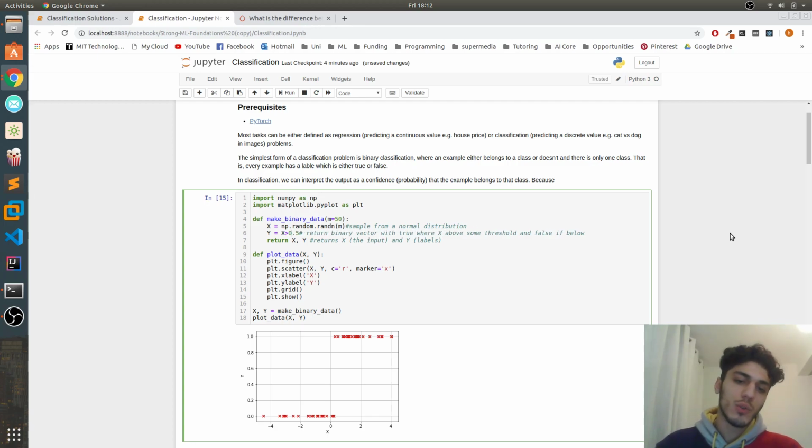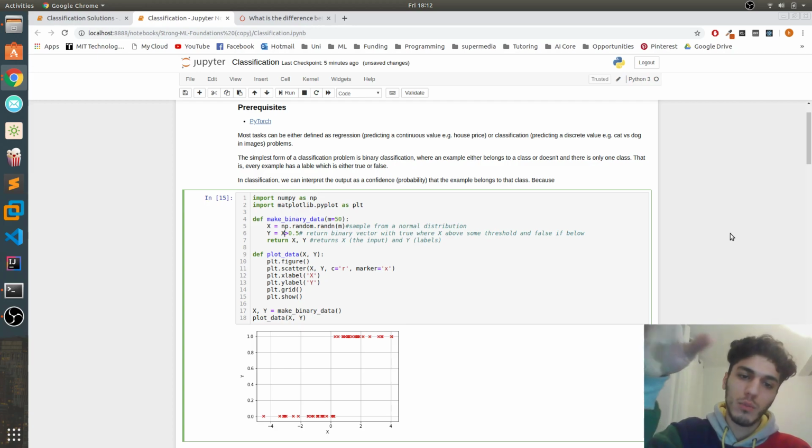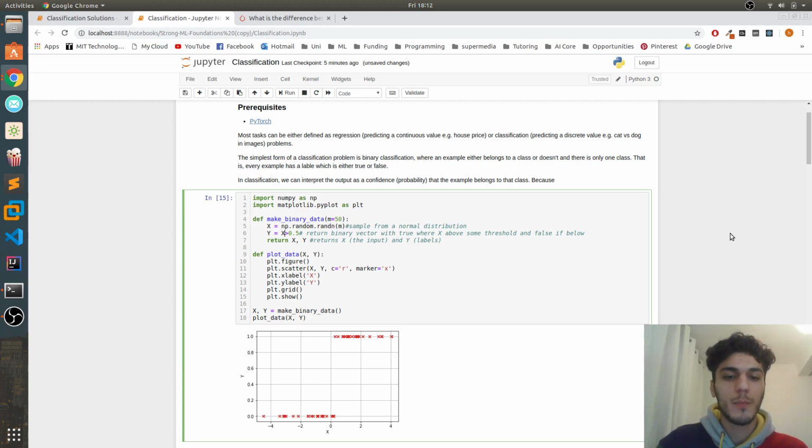Okay, so when we do this, because this is a NumPy array, what happens is it does an element-wise more than operation on every element in this x vector, and for each element it returns true or 1 if it's more than 0.5, and 0 or false if it's less than 0.5.